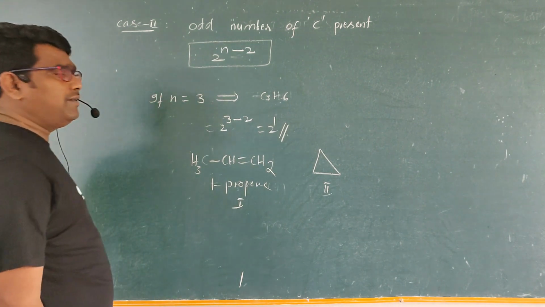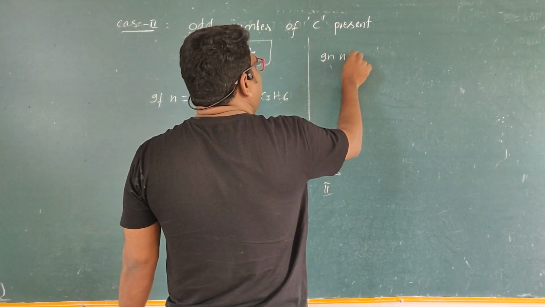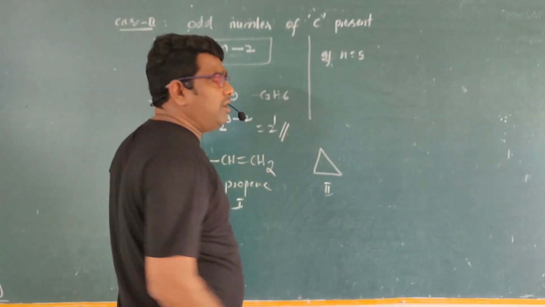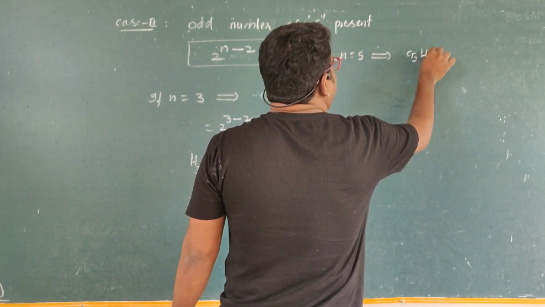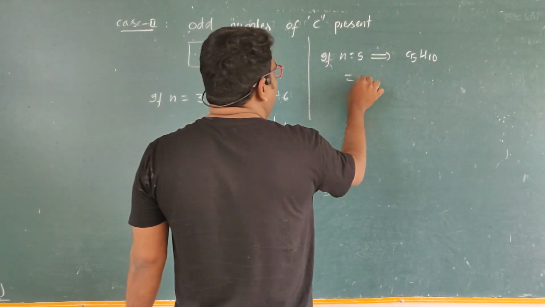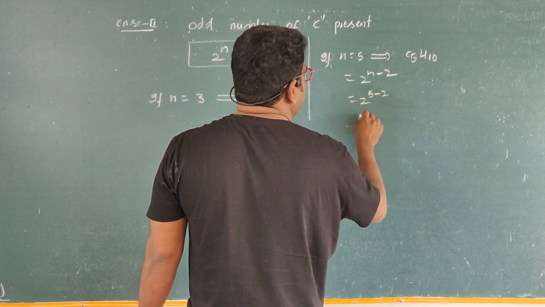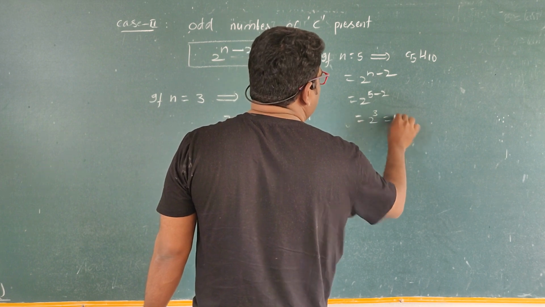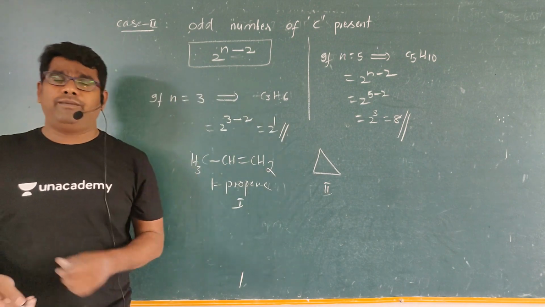First and second isomer. Okay, for example, if n is equal to 5, 5 is an odd value. What is the molecular formula? C5H10. How many isomers are possible for C5H10? 2 power n minus 2, that is 2 power 5 minus 2, that is 2 power 3, that is 8 isomers possible if n is equal to 5.